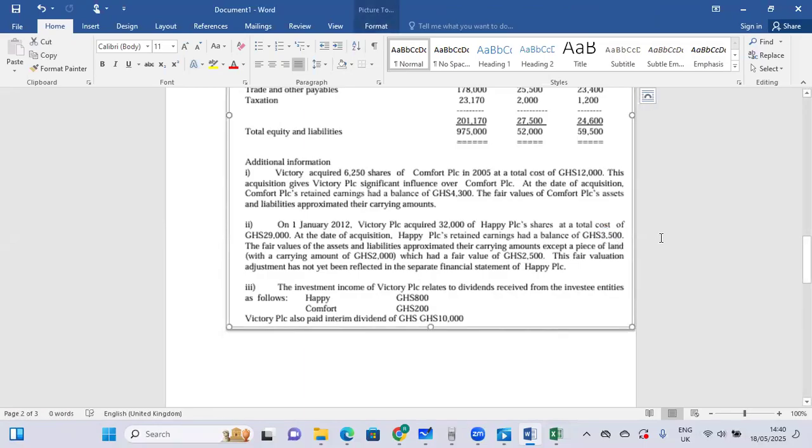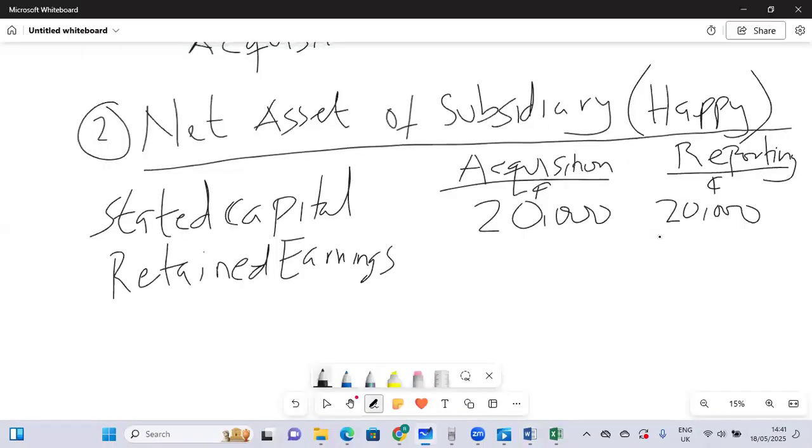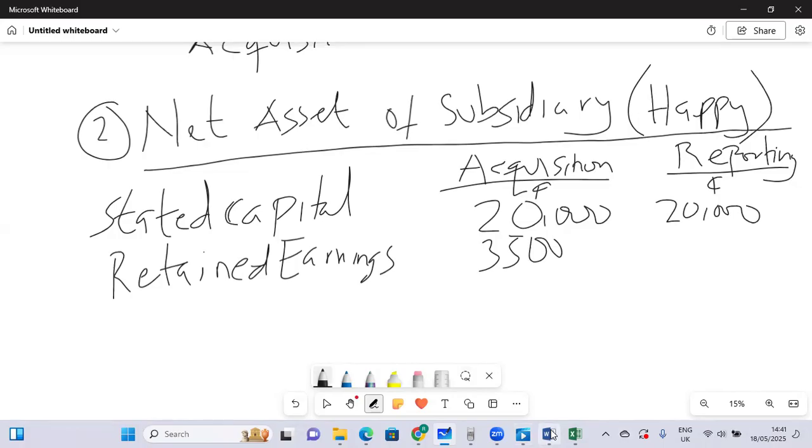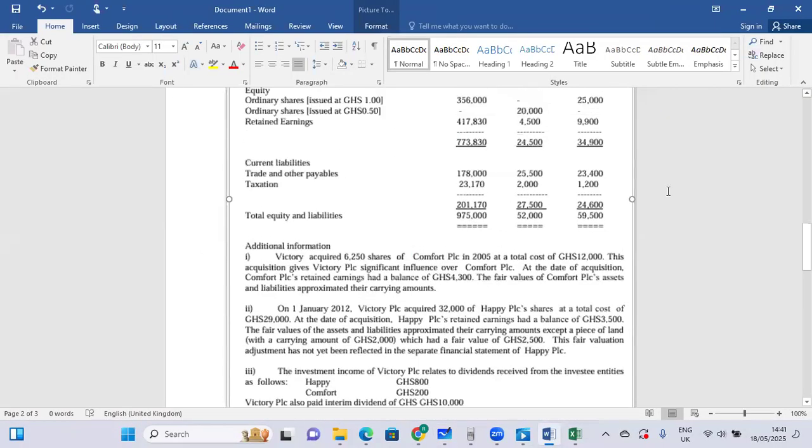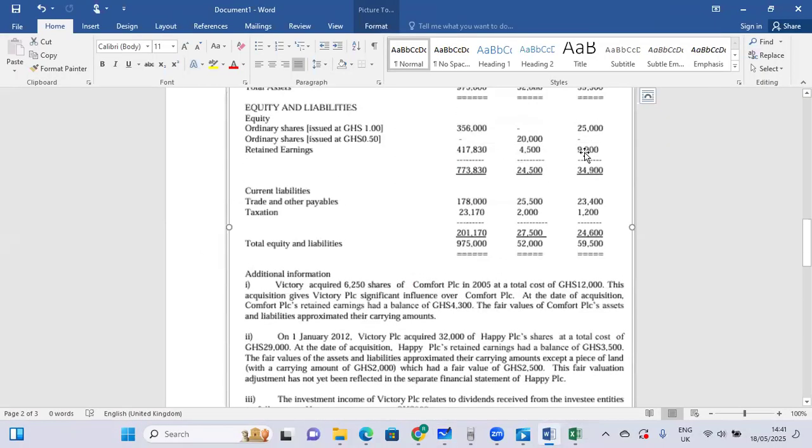So that's the same thing we are going to put inside there. But at reporting, we were having a retained earnings of what? 4,500.